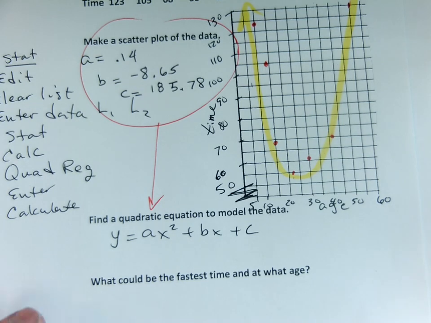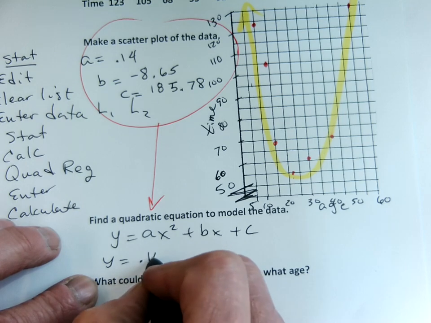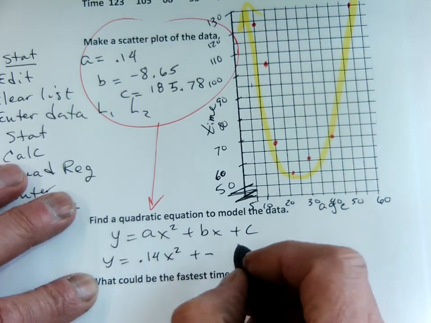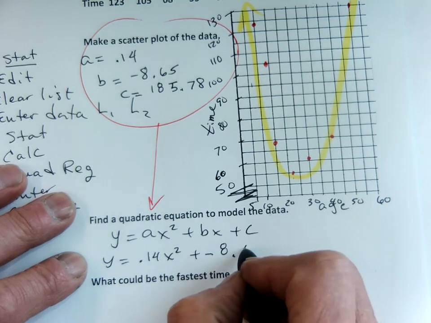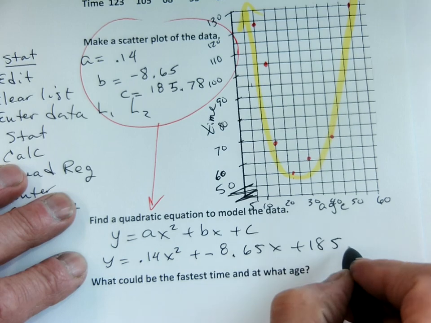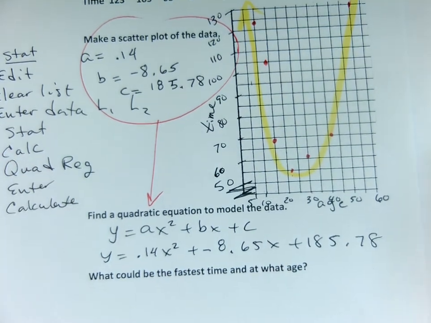So I'm going to rewrite this as y equals 0.14x squared plus negative 8.65x plus 185.78. Okay, now that is the equation that would fit the best.